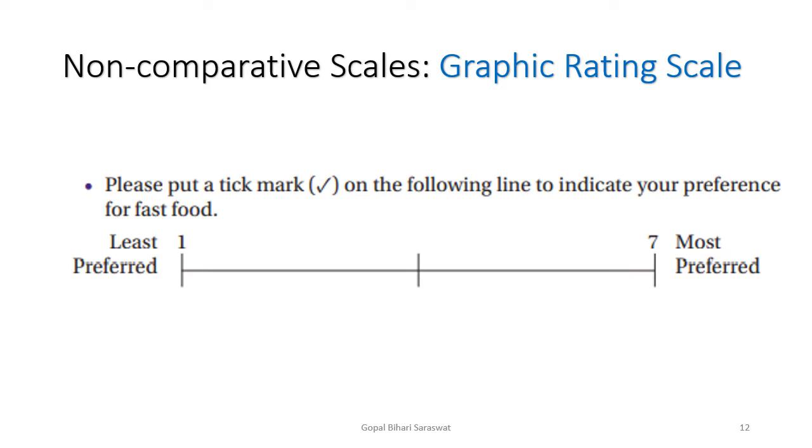Generally, you have seen this kind of thing when you post your selfies or photographs on Instagram. You create an opinion poll there, and there you can identify this graphic rating scale, where you ask your viewers to give their opinion on a particular image.